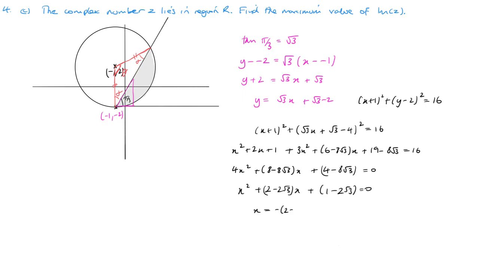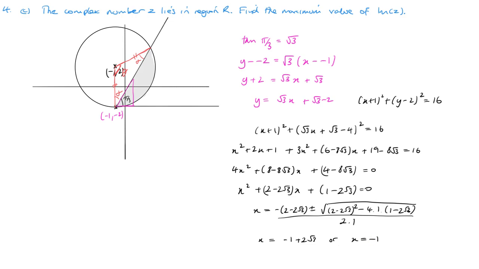So we've got minus 2 root 3 plus or minus the square root of minus 2 root 3 squared minus 4 times 1 times 1 minus 2 root 3, all over 2 times 1. Okay, now this gives me two values of x. So x is equal to minus 1 plus 2 root 3, or x equals minus 1.